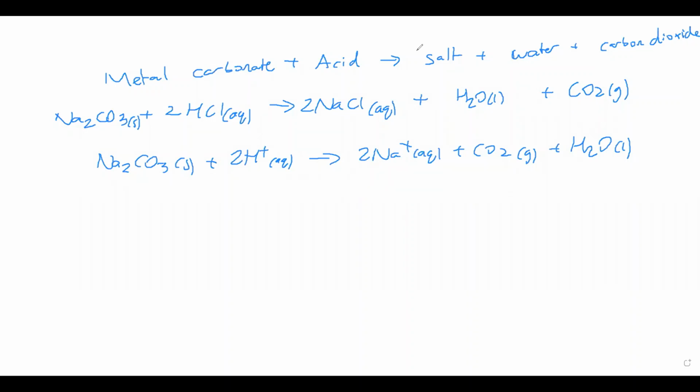So the last reaction that we need to look at is a reaction of ammonia with acids. So here we have ammonia reacting with an acid, and we produce an ammonium salt. And we don't produce anything else because the ammonium salt is the only product that we get. So here we've got ammonia reacting with any acid.